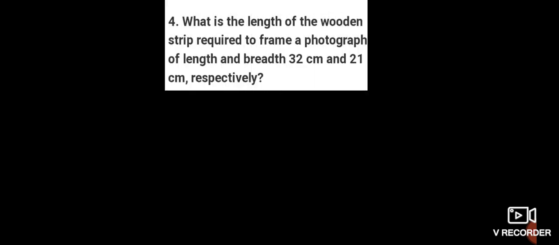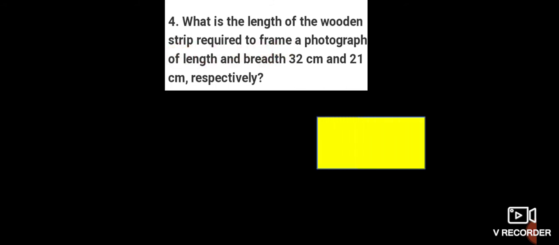Next, what is the length of the wooden strip required to frame a photograph of length and breadth 32 centimeter and 21 centimeter respectively? So we mark here length 32 and breadth 21.